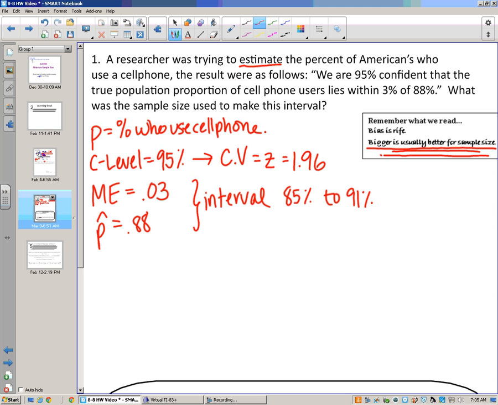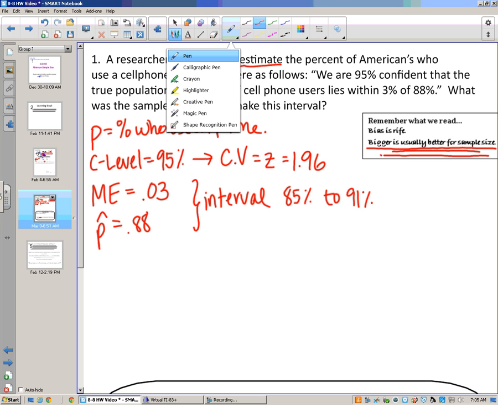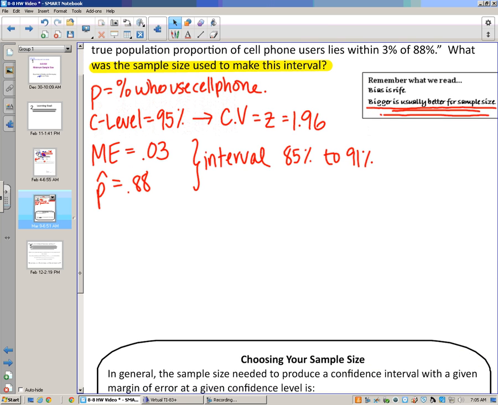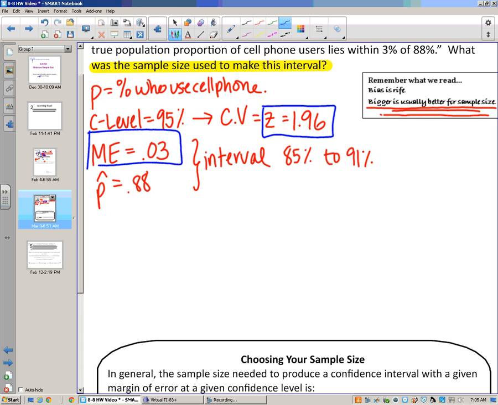The question here, though, is asking us, what was the sample size used? Based off what we have, a critical value z, the margin of error, and the p hat, what do we have linking these three things?